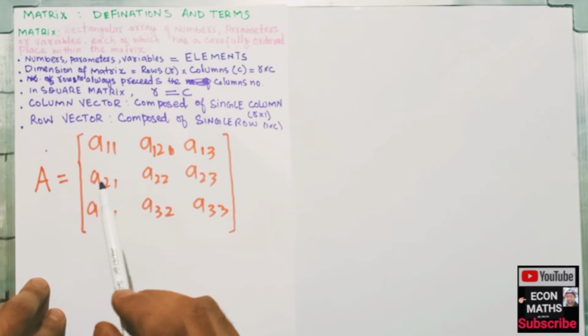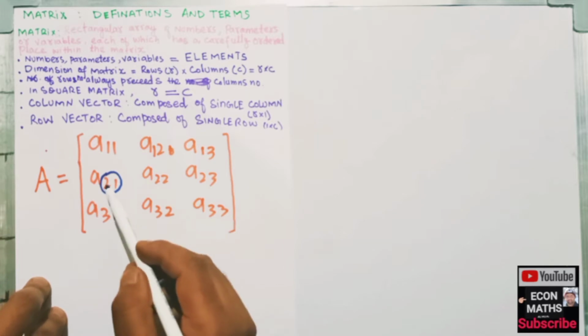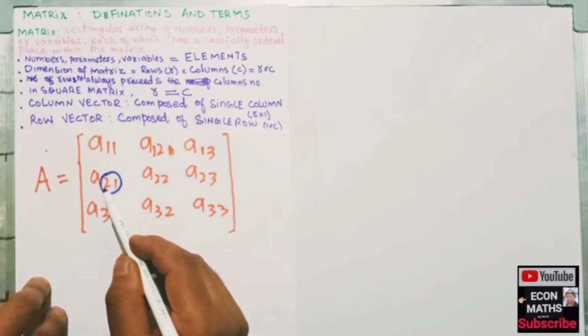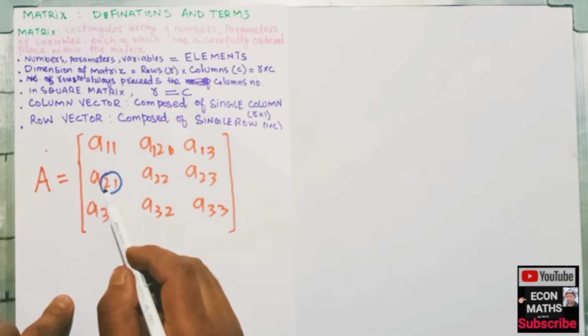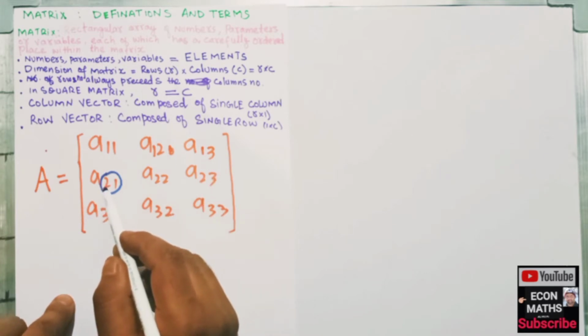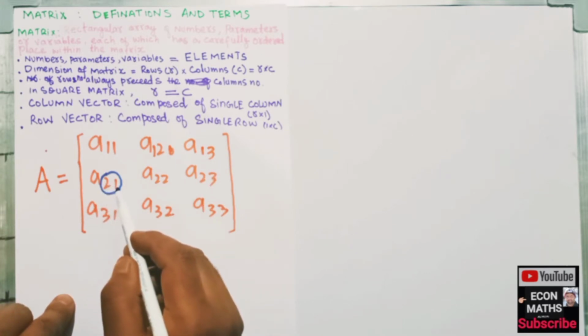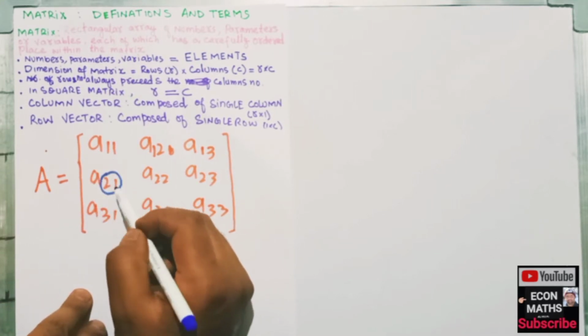That is to say, the first subscript identifies the row in which the element appears. So here the first subscript is 2, so this identifies the row, that is this 2 represents that this element is in the second row. Similarly, the second subscript identifies the column, so this tells us this element is in the first column.